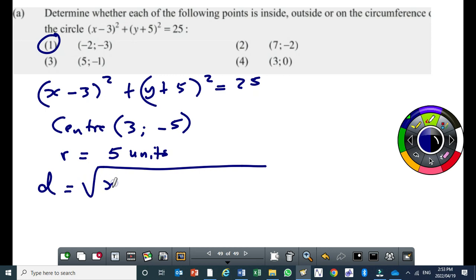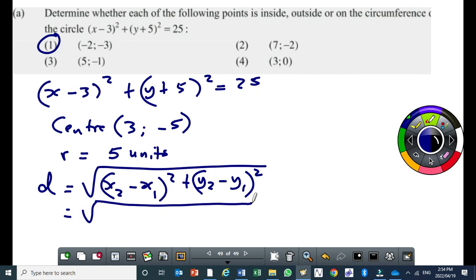Okay? So that will be the square root of x2 minus x1 squared plus y2 minus y1 squared. Are you following that? Okay? Then you can decide which point you want to make your x1, y1, x2, y2. Well, let me choose the center as my x2.